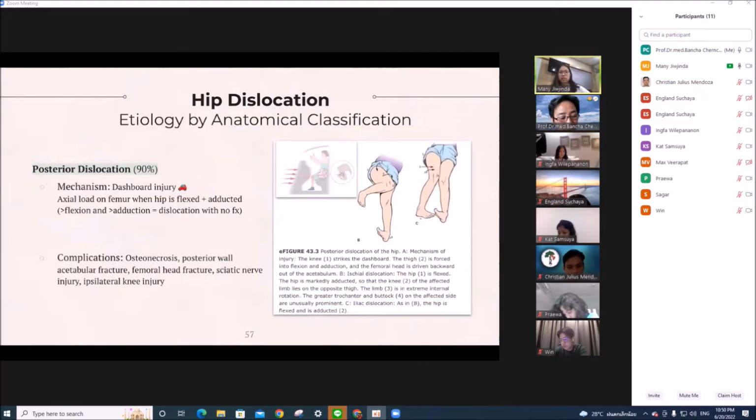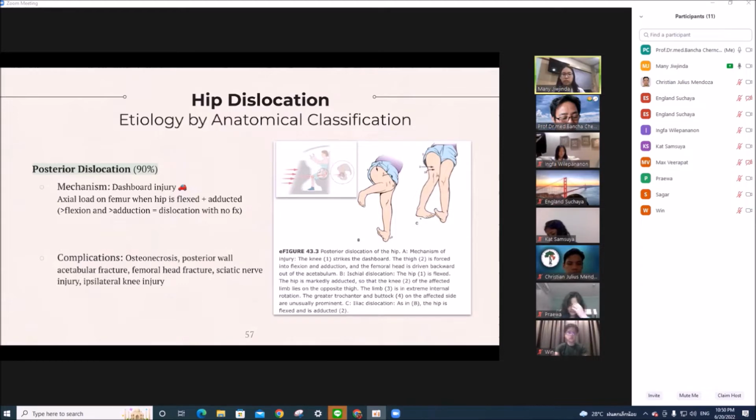Next. Okay, so we talked about anatomical classification. For the hip, posterior dislocation is the most common type, about 90%. The mechanism is usually a dashboard injury. I provided a picture here. When you're sitting in a car, your hip is flexed and adducted.